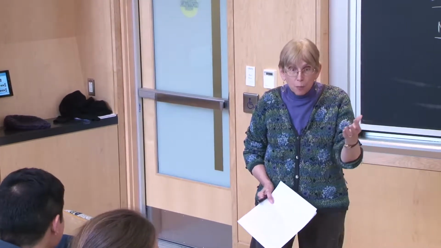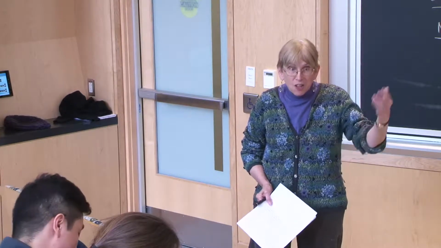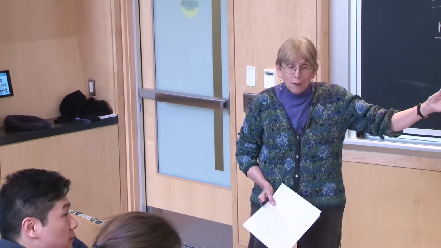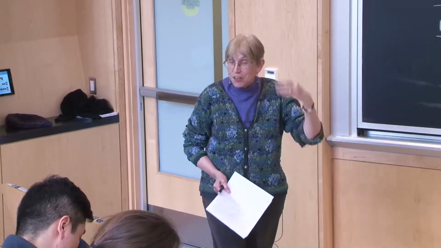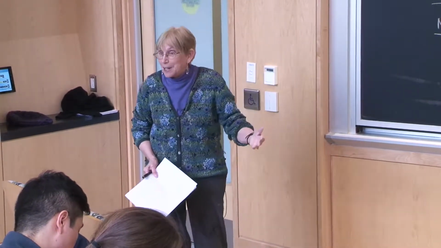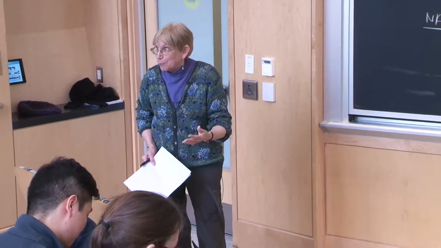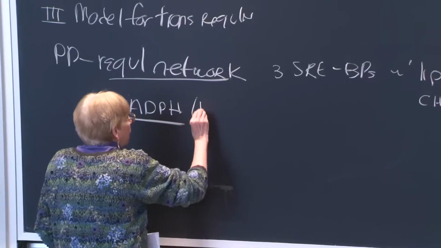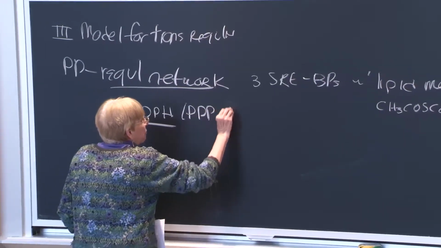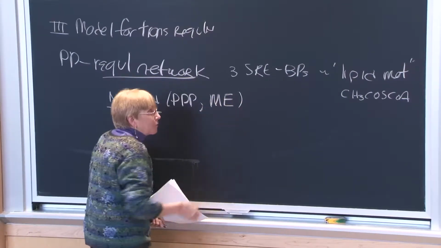Reproducing it might be challenging, but the pentose phosphate pathway is central to providing us with NADPH. It's central for controlling reactive oxygen species, which is going to be module 7. It's central for providing NADPH for nucleotide metabolism. Okay, so the pentose phosphate pathway and malic enzyme are the key sources of NADPH.